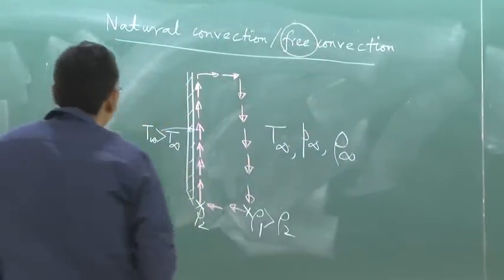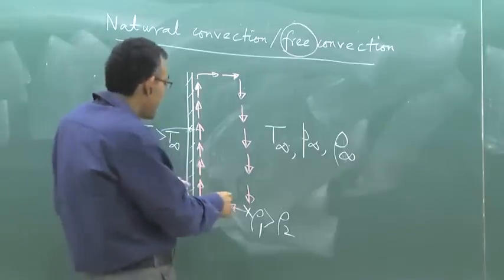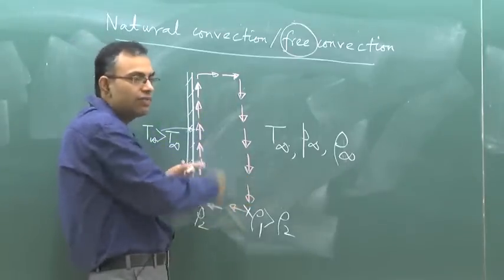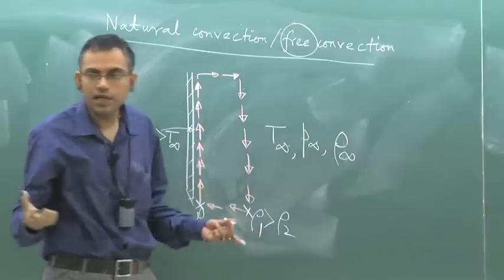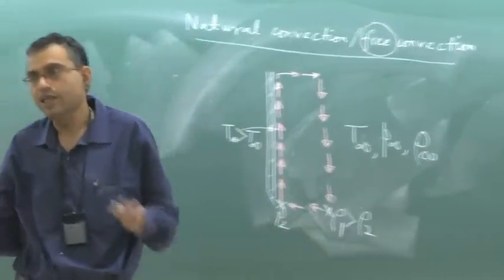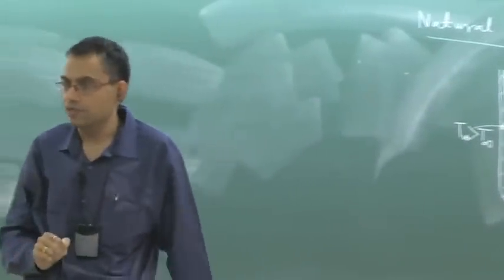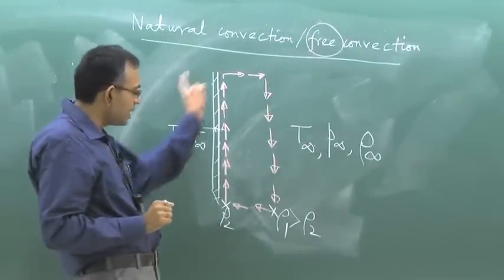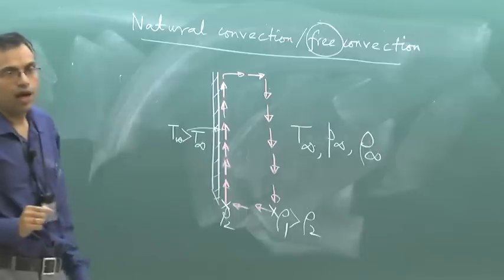But whatever may be the reason, if there is a natural or intrinsic density gradient that is created and that can drive this kind of flow, maybe due to temperature gradient, maybe due to concentration gradient, that we call natural convection. Okay. Now what are the important intricacies of this natural convection we will understand.